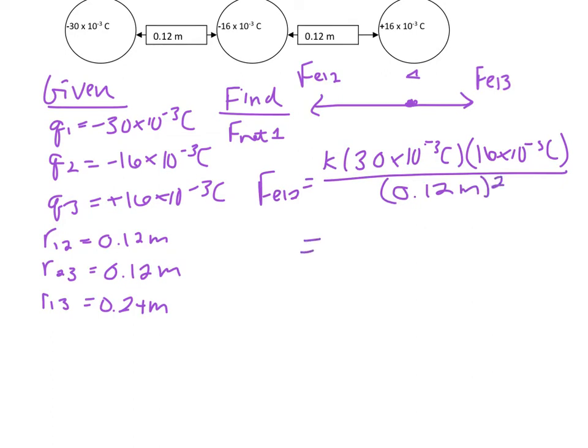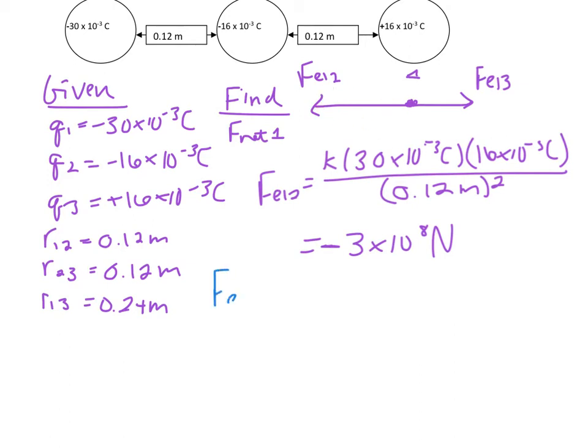And that comes out to 3 times 10 to the 8th newtons. Trickiest part here. Force between 1 and 2 points to the left. You have to put in the negative. So the negative is solely determined by this force diagram and what direction it points.